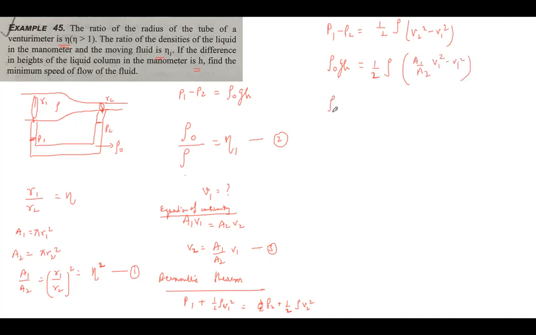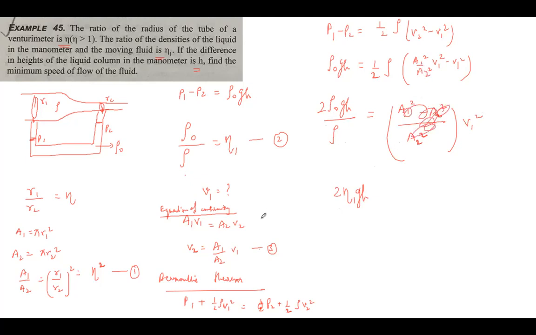So we have 2 rho naught g h by rho is A1 square minus A2 square divided by A2 square into V1 square. Rho naught by rho is eta 1, so we replace this: 2 eta 1 g h.